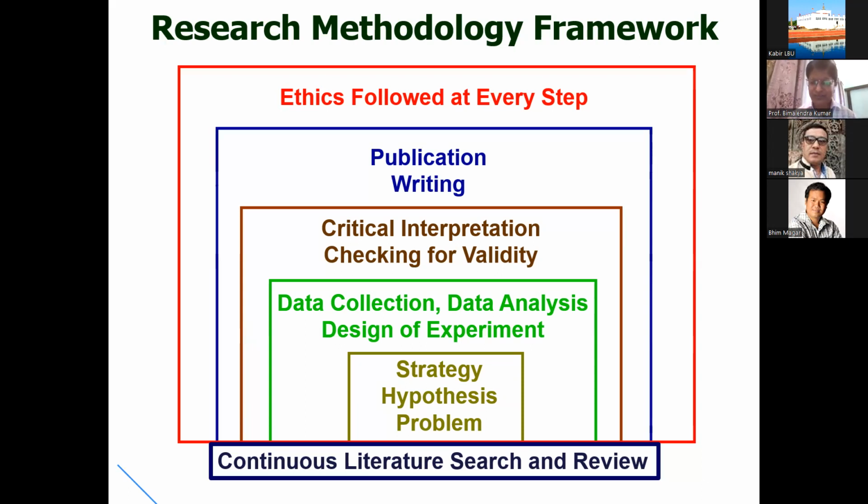A strategy means by which method the solution which arises in your mind can be solved: which method of research, whether it is textual, analytical, empirical, qualitative, or quantitative. What type of research methodology are you going to use?